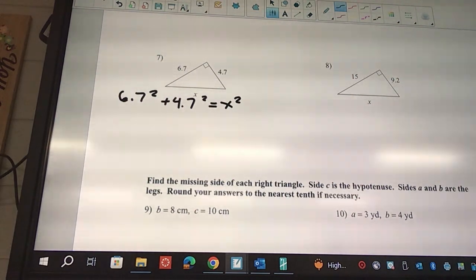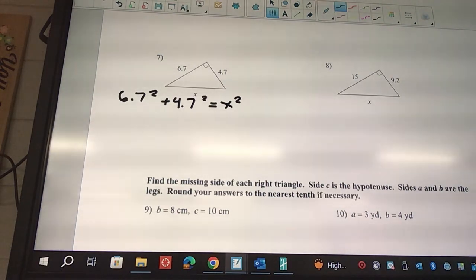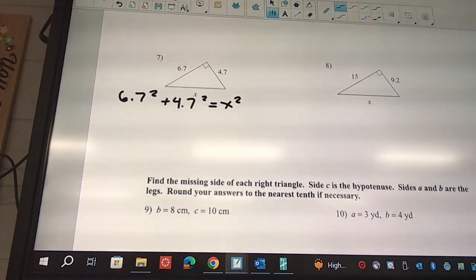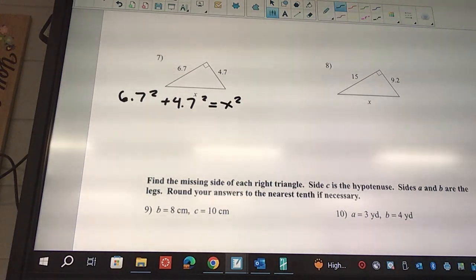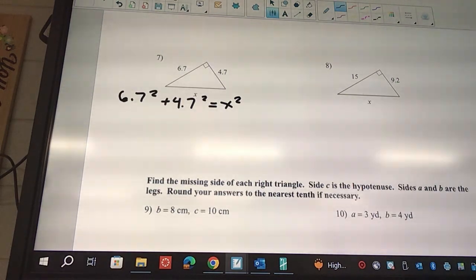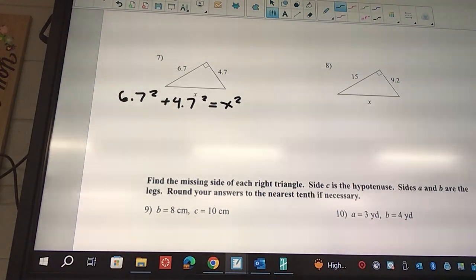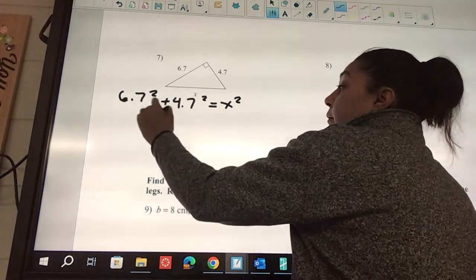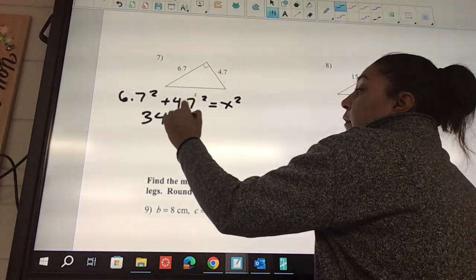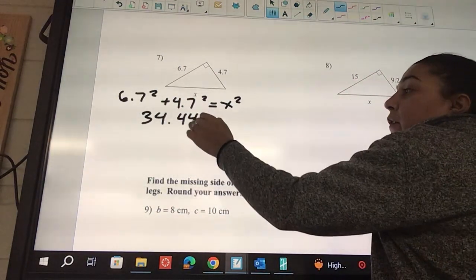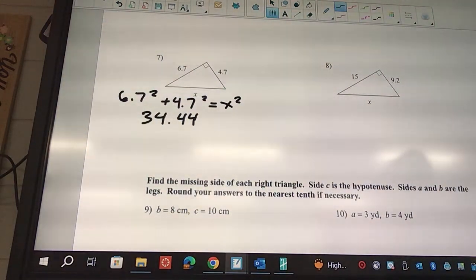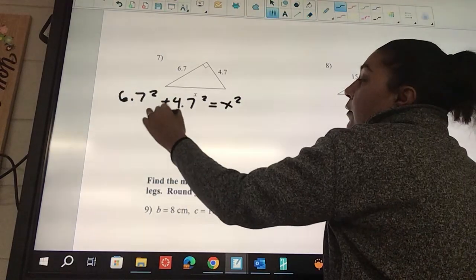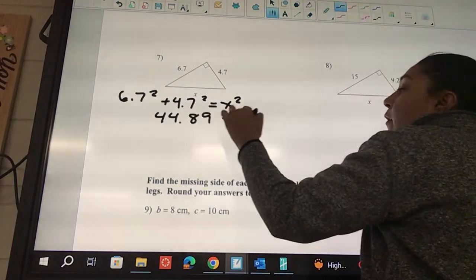What is 6.7 squared plus 4.7 squared? 44.89.